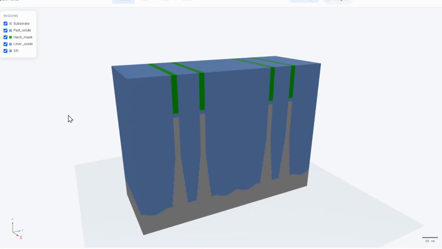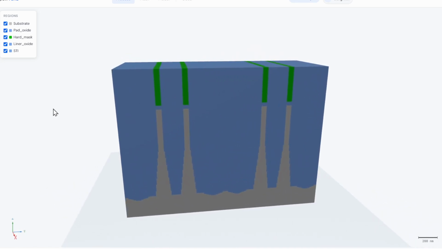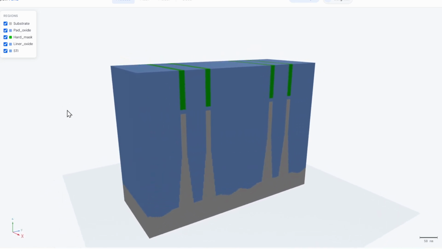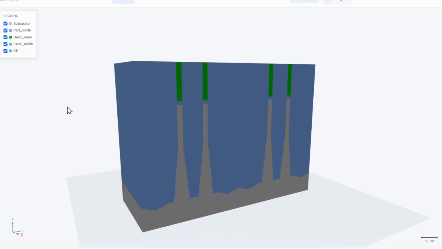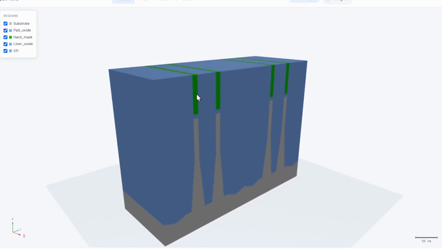So we do the CMP once again. Maybe you feel that we have seen a similar structure previously. Yes, previously there was a certain kind of planarized structure.